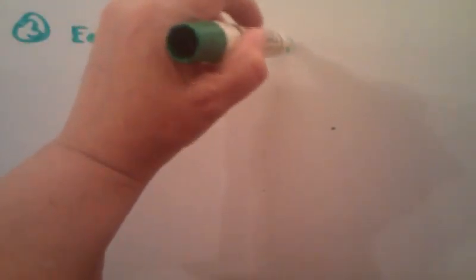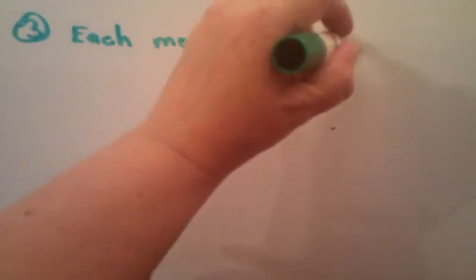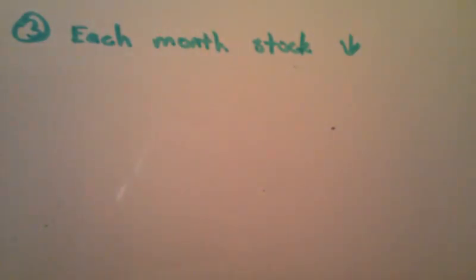Okay, number 3 says, write a number in the blank to make the statement true. Each month, the stock decreased in value. I'm going to put a down arrow. It decreased in value.